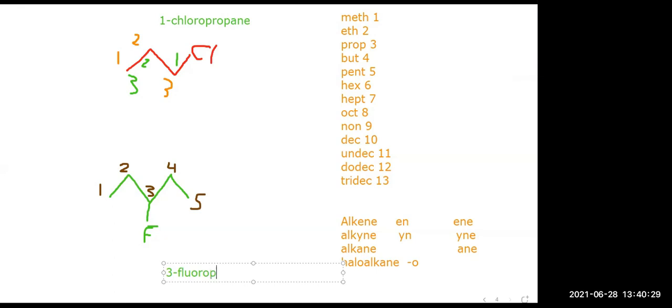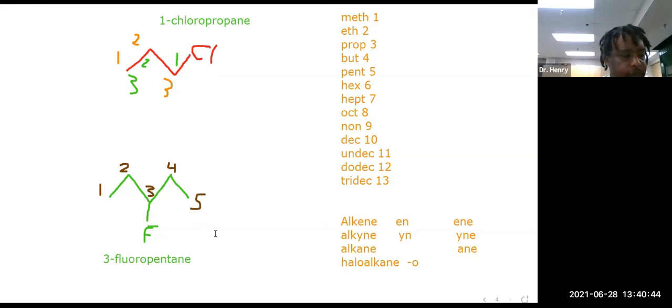Pentane. Pentane. Okay, pretty simple. Okay, now haloalkanes are the lowest on the priority list, right? So they'll never be part of that last name.